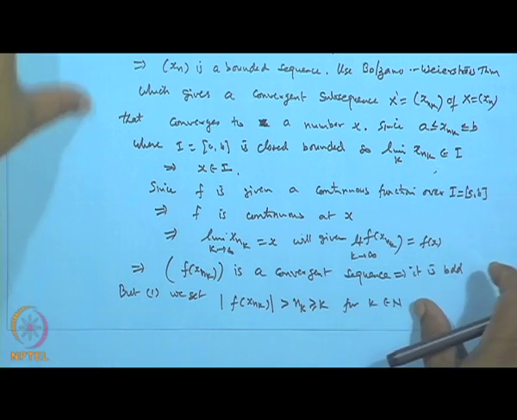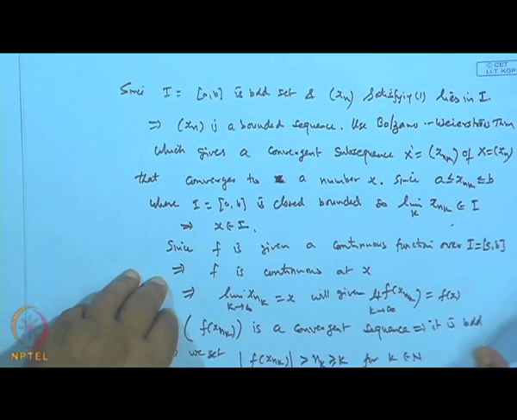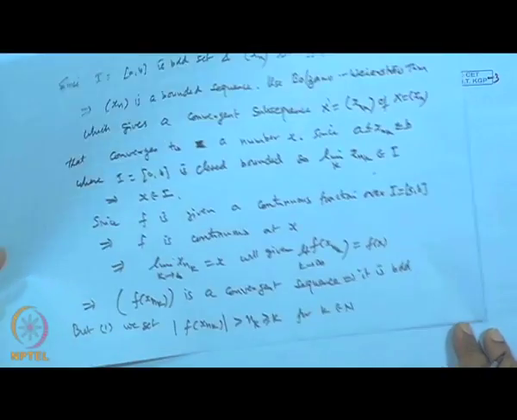This shows that the supposition that the function is not bounded gives a contradiction.